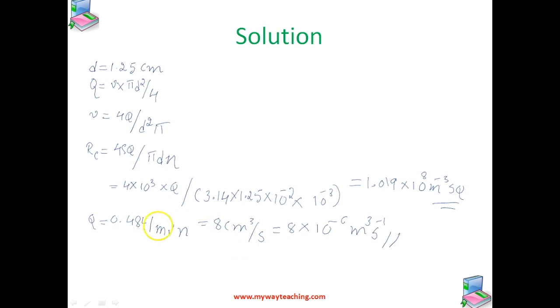Okay, and we obtain the value of Reynolds number as 815. Since this is below 1000, the flow is steady.